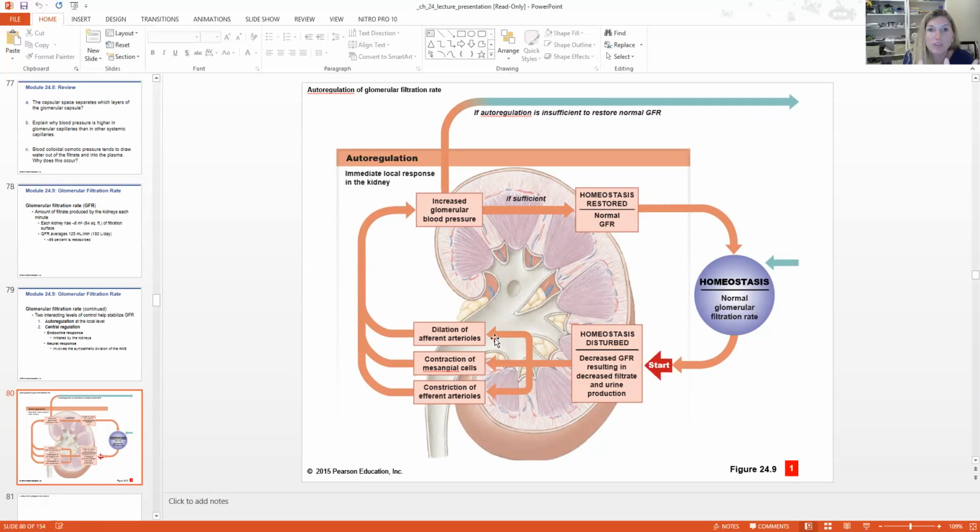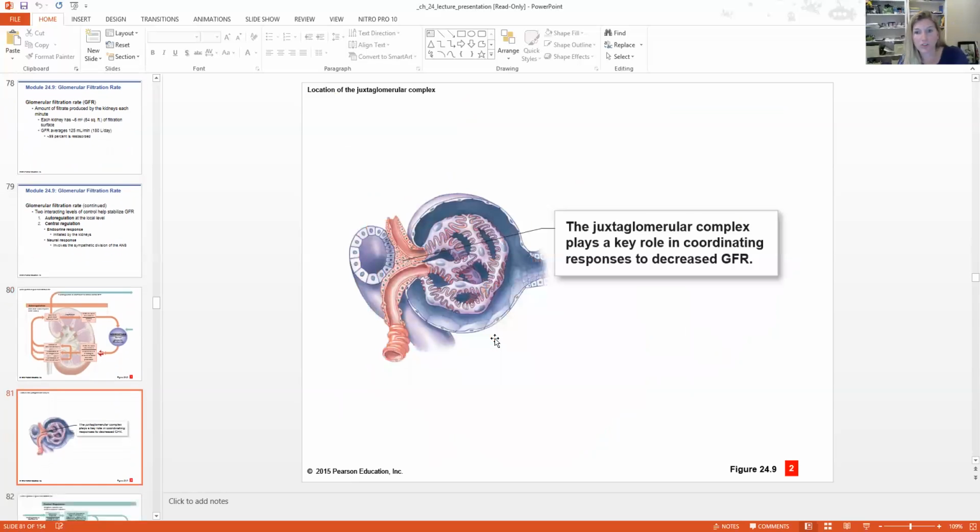So all of those things happening in the glomerulus are going to cause an increase in glomerular blood pressure. Once that blood pressure gets up in the glomerulus, it's going to increase glomerular hydrostatic pressure, which is going to push more of that blood out, which is going to get your glomerular filtration rate back up to normal. So here's the glomerulus again.